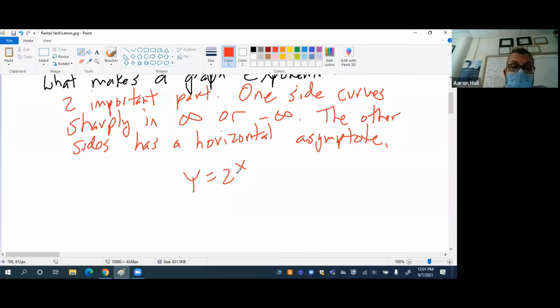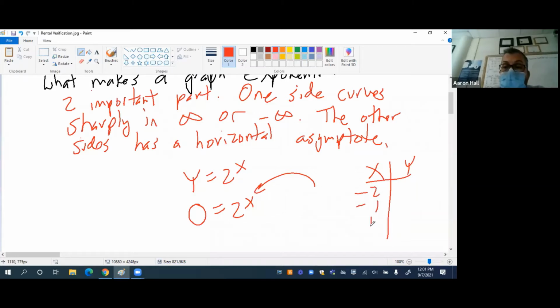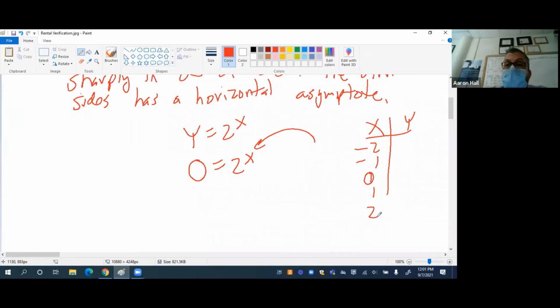If I make y 0, so I have 0 equals 2 to the power of x, what value can I have for x that will give me 0? Let's plug in some values. Here's x and here's y. Let's plug in -2, -1, 0, 1, and 2.